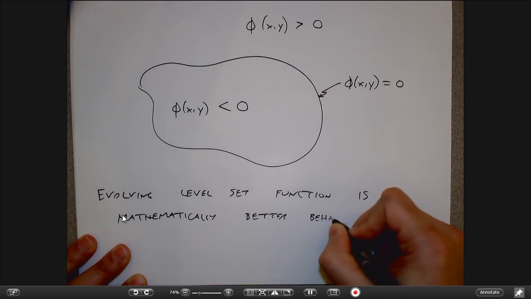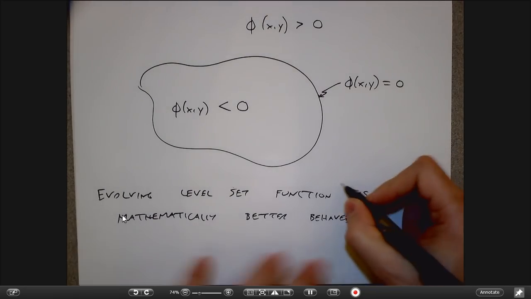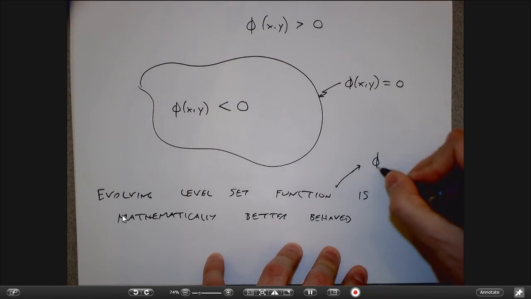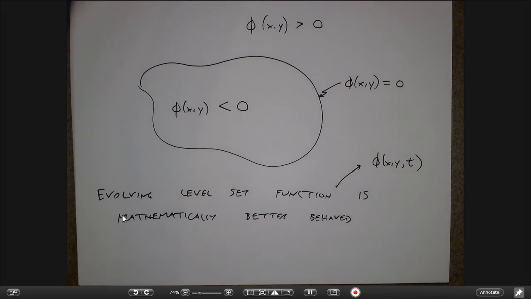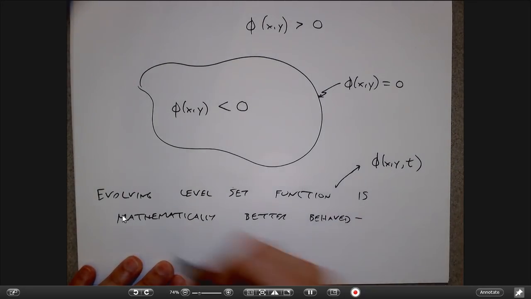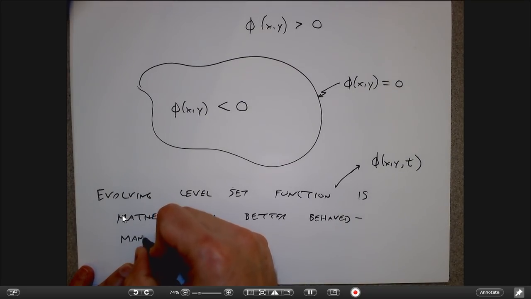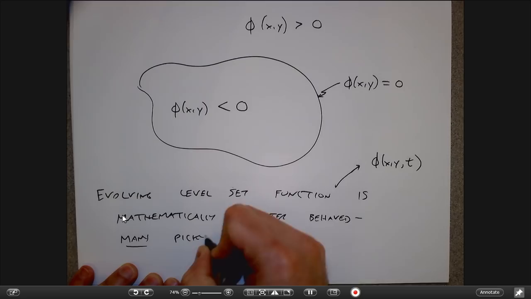Right? So now I'm going to have a function x, y, t, and again, at every step of t, I try to make this function a little bit better, right? Although I will say that there are many picky details to make this work, and I can't talk about them in 5 minutes.